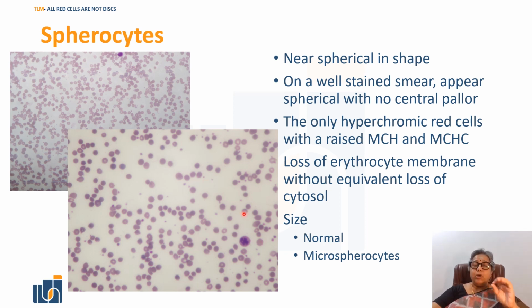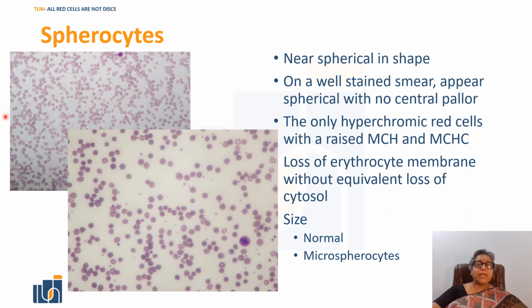Now, this is the only red cell which is hyperchromic. Please understand, hyperchromic means increased color. So there is a raised MCH and a raised MCHC. It's the only cell with a raised MCHC. There is a loss of erythrocyte membrane without equivalent loss of cytosol, and that is why it becomes contracted and becomes a spherocyte.